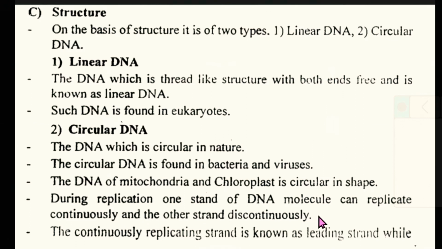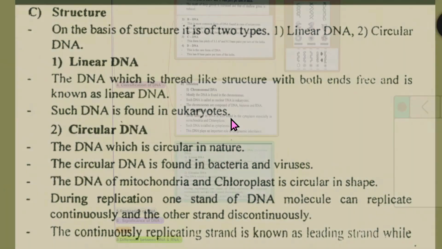This is a feature of the circular DNA. A continuously replicating strand is known as the leading strand, while the discontinuously replicating strand is known as the lagging strand. This is one important sentence. Example: the DNA of mitochondria and chloroplast is circular, and linear DNA is present mainly in eukaryotes.